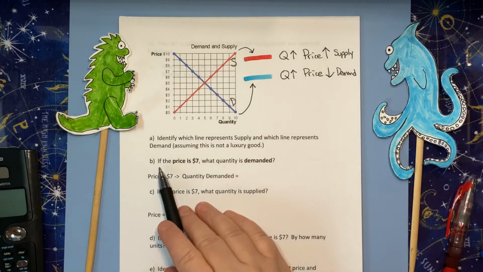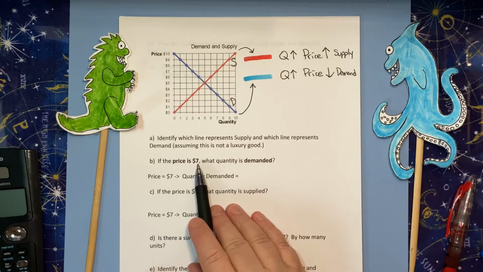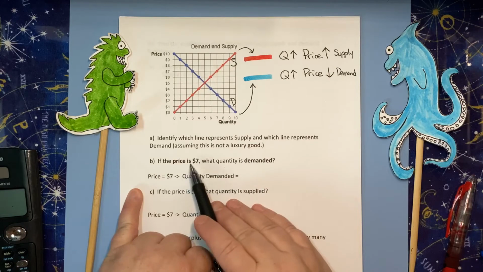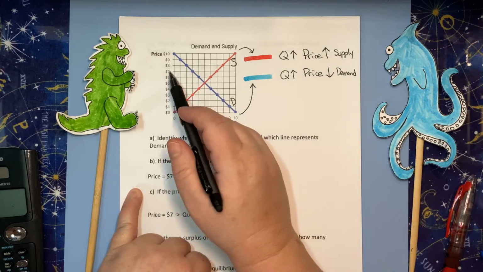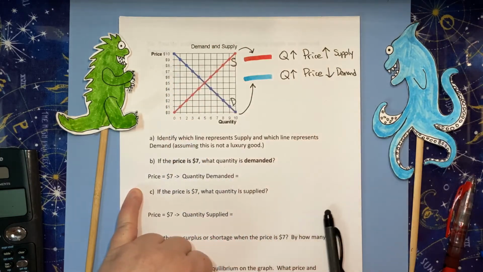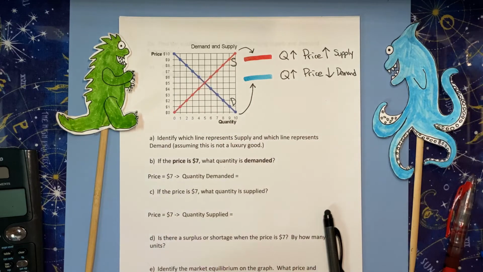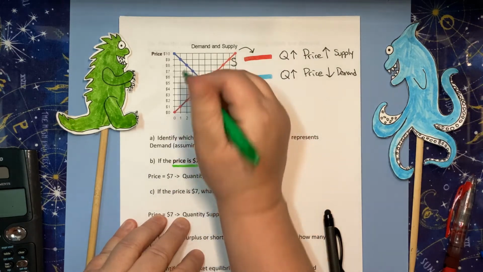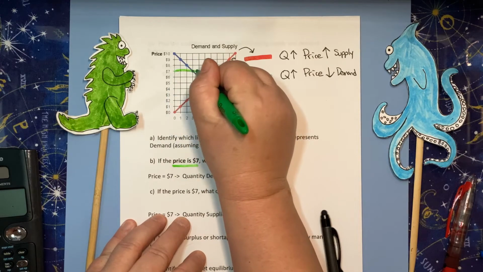Next question. If the price is $7, what quantity is demanded? Okay, so we got to find the price. The price is $7. Remember, it's up here. So let me draw. If the price is $7, here's $7 right there.